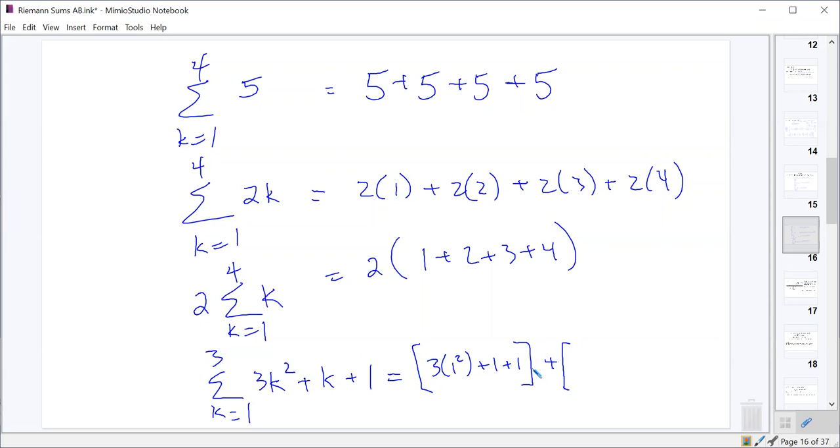And I would add to that 3 times 2 squared plus 2 plus 1. And I would add to that 3 times 3 squared plus 3 plus 1. True? Everyone would be okay with that? K is 1 in the first one, K is 2 in the second one, K is 3 in the third one.